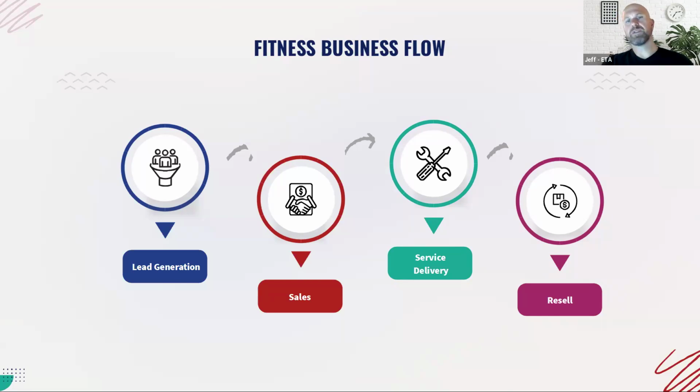Now, the question I often get is what if I have multiple steps that I'm having a problem at? So if I look across these four areas and I say, well, I am having a problem at resale, sales, and lead generation, but I'm great at delivering service, then we start at the beginning, right? Because if a river flows and it's jammed up at the beginning, then the downstream is going to be not so good.